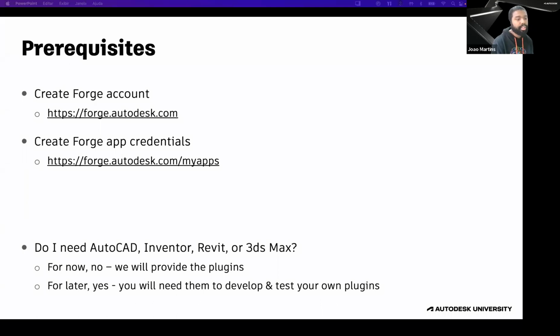But of course, later, yes, you need these products to develop and test your own plugins. In your workflow, you have a custom plugin, so you need to develop this plugin and test it against source files and validate it. So for now, you don't have to worry about it, but when you want to build your own plugin, you will need those products, right?